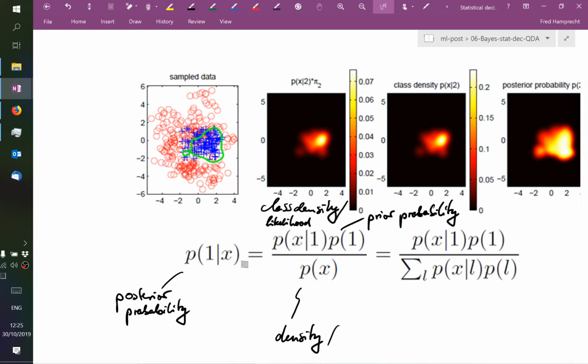So this green thing, that's your perfect decision boundary. This is the best classifier there is for the 0-1 loss function. Not for this data set, for this distribution. So this is the very best thing there is.